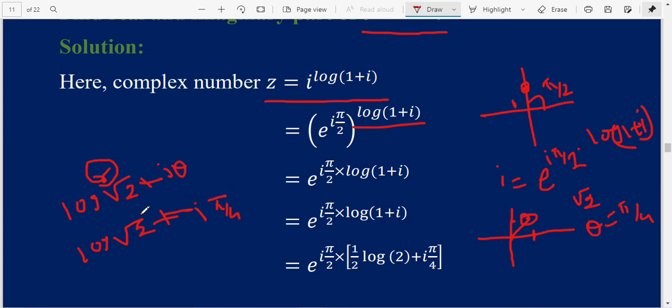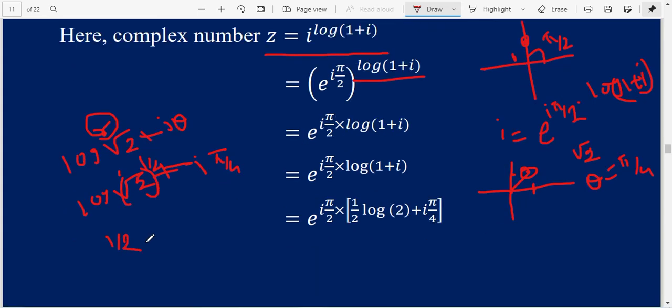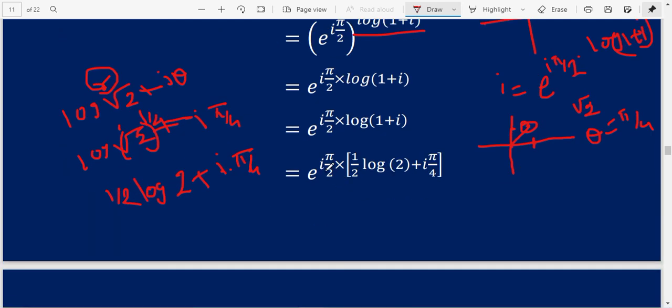So log of 2 raised to 1 by 2 is equal to 1 by 2 log 2, plus i into pi by 4. So multiplying this, i into pi by 2 into 1 by 2.